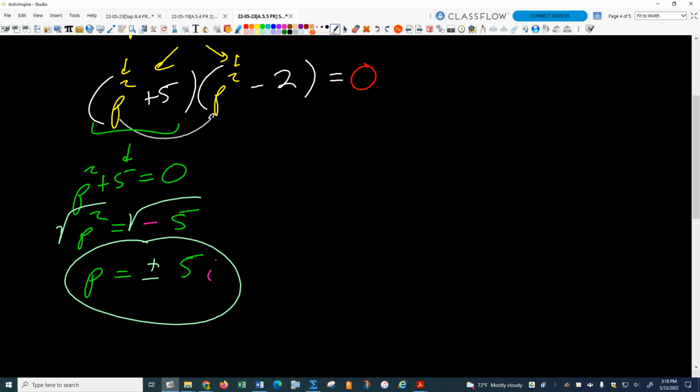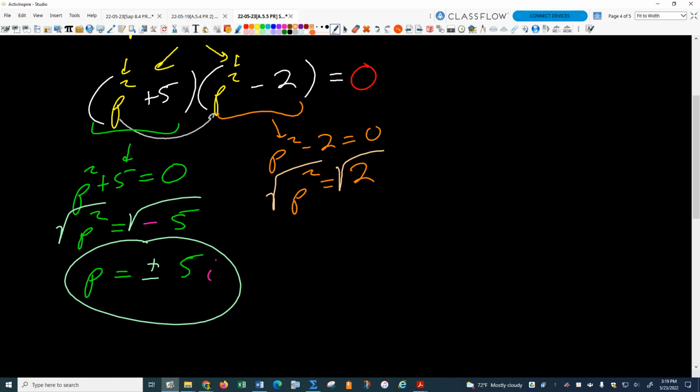Let's look at these guys. What am I going to do there? Add 2, and square root, so I'm just solving the equation p squared minus 2 equals 0. So p squared equals 2. Square root each side. If I square root both sides, what do I have to include?